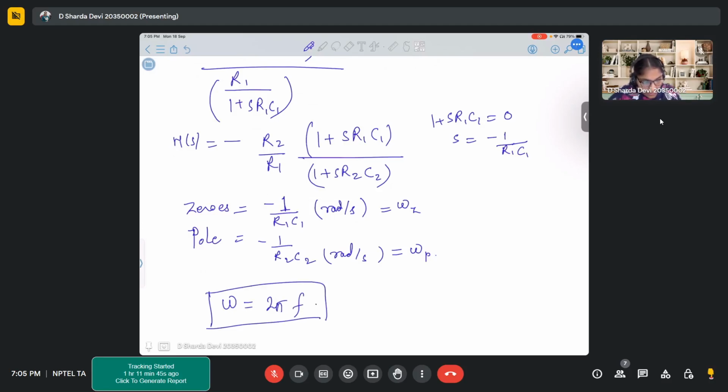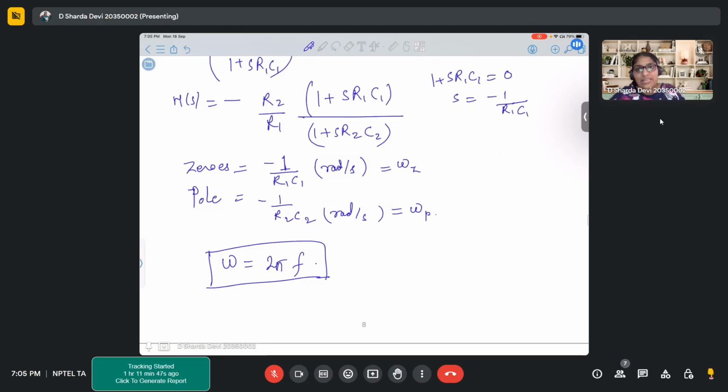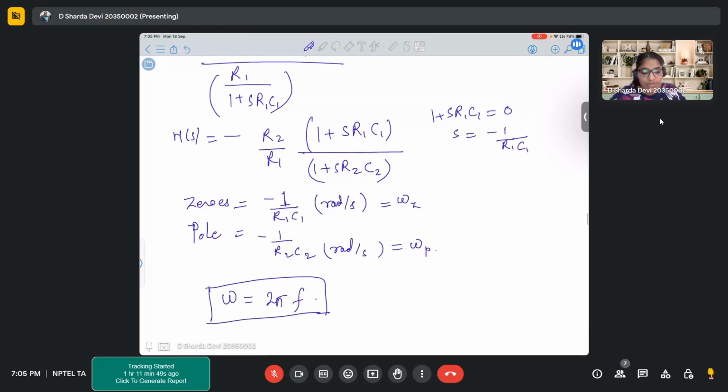You have to keep in mind that whenever you solve your transfer function, you will either solve it in terms of j omega or in terms of f. The result that you get is for omega. If you are asked in terms of hertz, kilohertz or megahertz, you have to make sure you take care of the factor of 2 pi. Otherwise the basic solution you get is in radians per second.